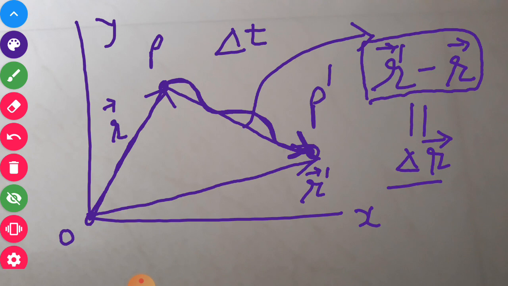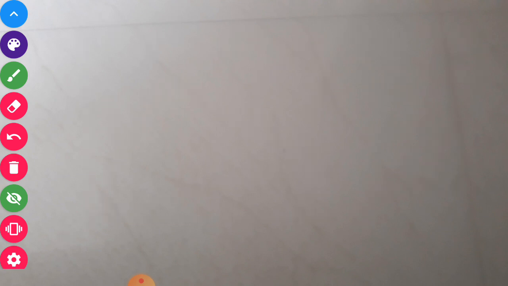Now we talk about the velocity. Velocity is nothing but displacement upon time taken. As we have calculated, displacement is delta r. If you want to find the average velocity, that is also a vector quantity.